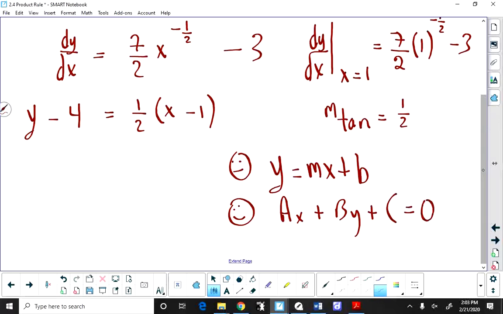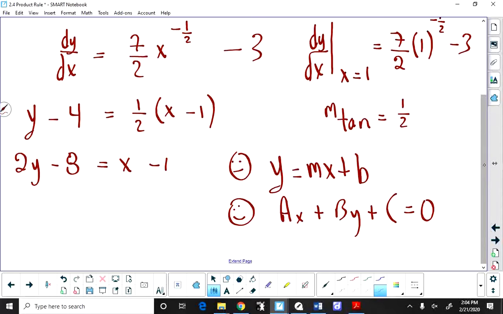I think this is called standard form, and you don't want fractions ever. Since it's equal to 0, if you do have fractions, you get rid of them by multiplying everything by whatever's necessary. So I would multiply both sides by 2. And then just be left with x minus 1, and I basically have my equation now.